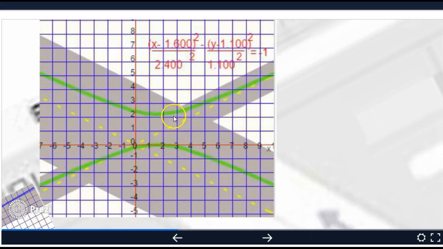So the a value, which is the run of the slope, is going to be quite a bit more than the b value. Or, I'm sorry, this is the b value and this is the a value, right? So the a value, which is 2.4, is going to be quite a bit longer than the b value, because 2.4 is a little bit longer than the 1.1, so that explains why the slope of the asymptote has a longer run than a rise. Okay? So that explains the a and the b value.